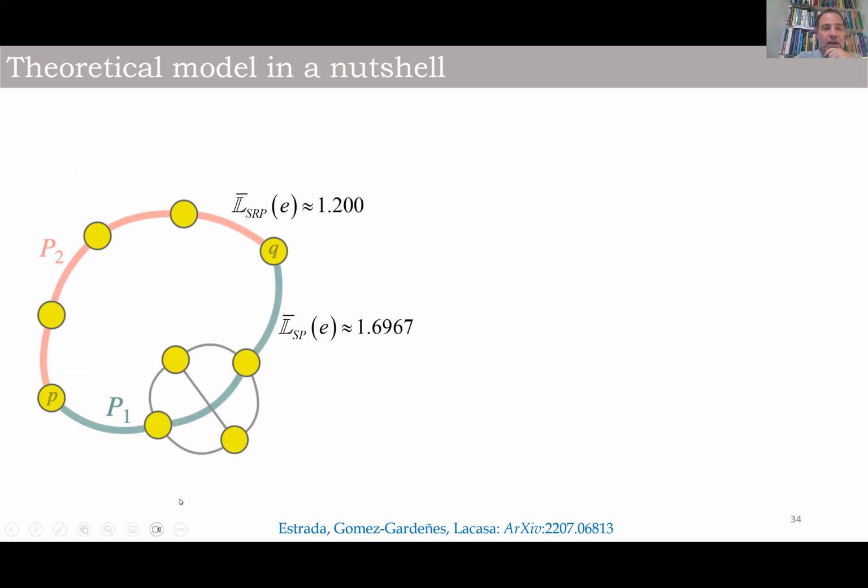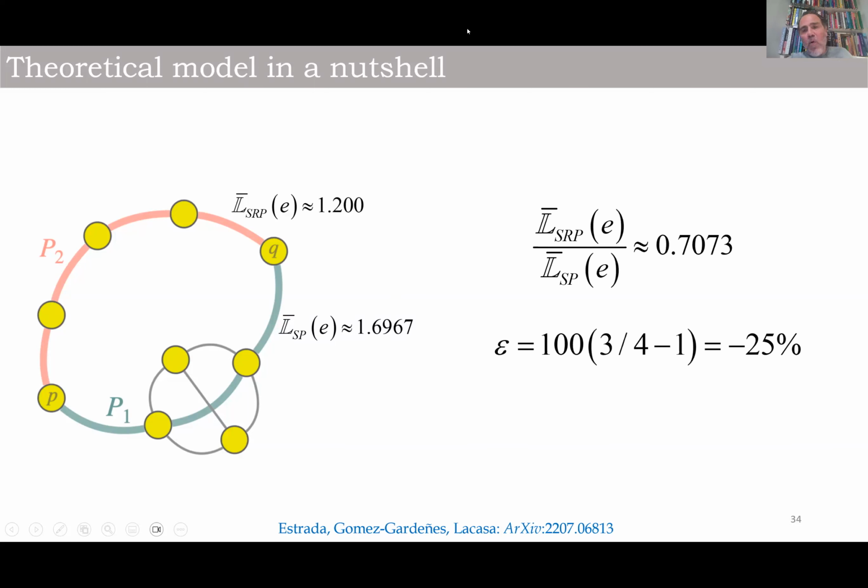So for instance, for this simple example, the length of the shortest path here, which is P1, is this value here, the average length of the shorter resistive path. So this means the average length of every edge, or the resistance that every edge offers to the transmission of information through this path, is of course smaller than this one.